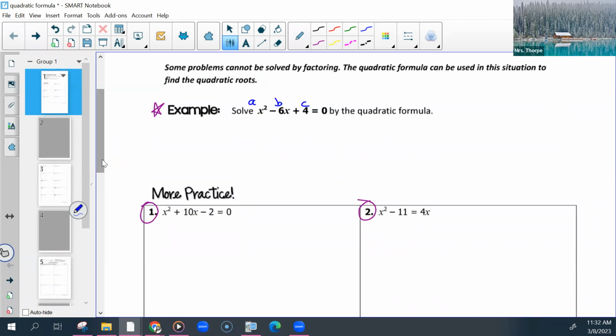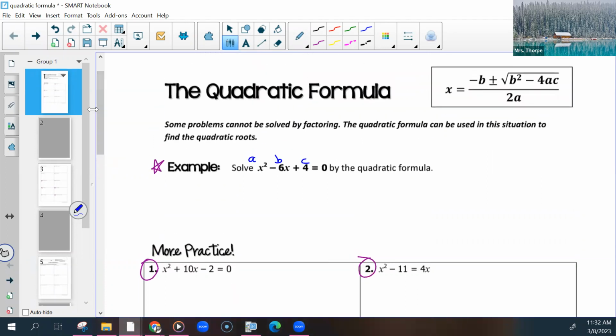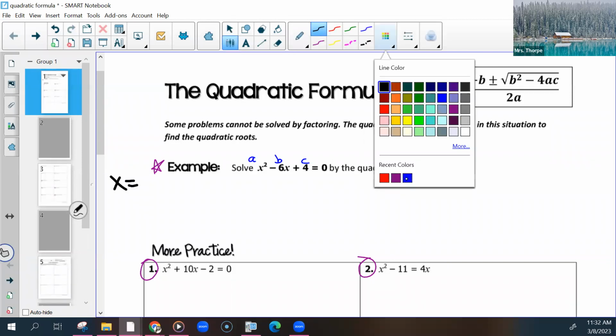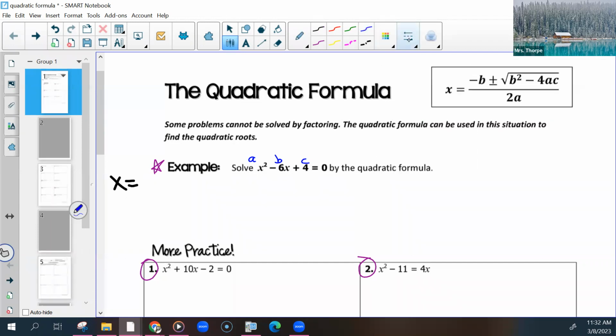So once we have these labeled, we're going to go ahead and start putting everything into this formula. And it's going to start off x equals negative b. Our b is already negative, so I would just put both for now, the negative, negative. We'll simplify here in a moment.